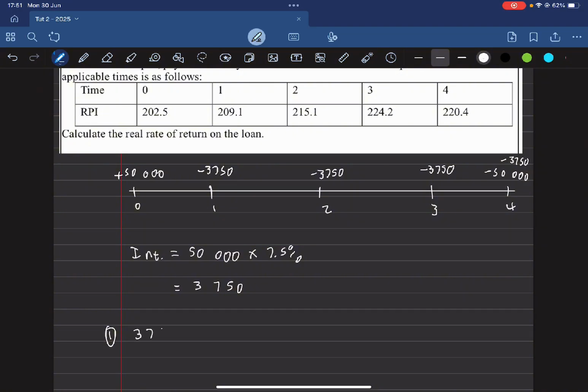So you take 3,750 and multiply it by the retail price index at the beginning of your period, which is 202.5, and you divide that by the retail price index at the point in time in which you are looking. So you'll divide it by 209.1. And if you put that into your calculator, it'll give you 3631.64. I'm going to save that in our calculator as A for later.